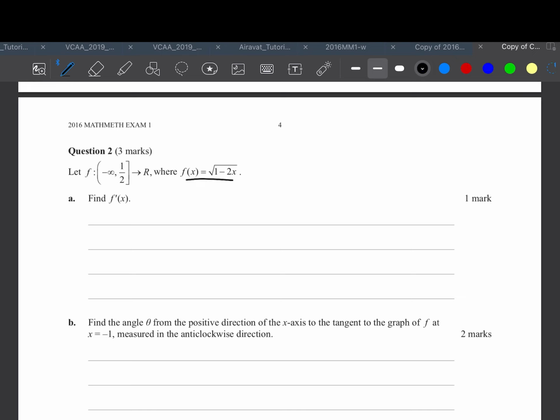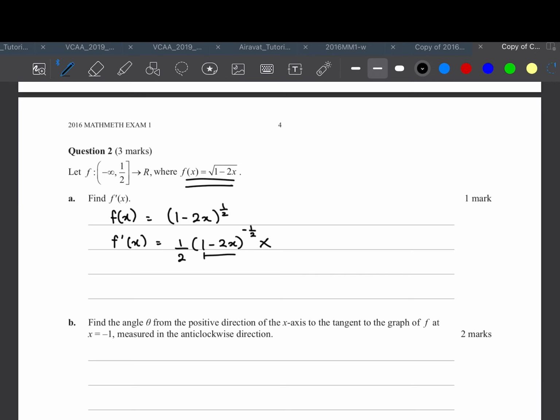So we are given this function again, and what we have to do is find the derivative function. Well, first thing, we can see that we can write f of x as 1 minus 2x to the power of half, right? And now f dash of x is just going to be, so bring the power down, times it by the whole thing, so 1 minus 2x. Now subtract the power by 1, so it will be negative a half, times it by the differentiation of the inside function.